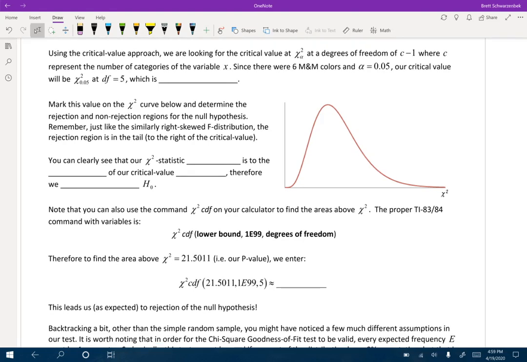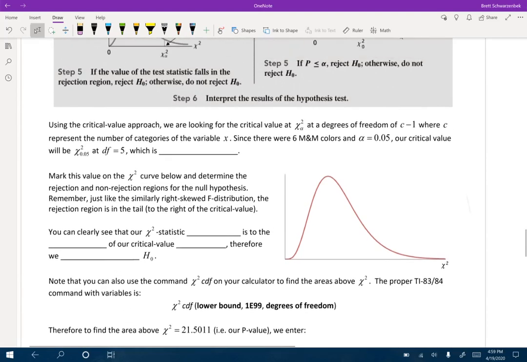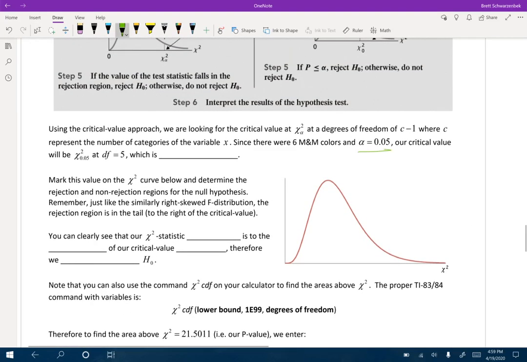Alright, so let's start with our process. We have our alpha of 0.05, so our significance level is 0.05, which means to find our critical value, we have to find chi-square sub 0.05 at degrees of freedom 5. So how do we find that? We go to our chi-square table.